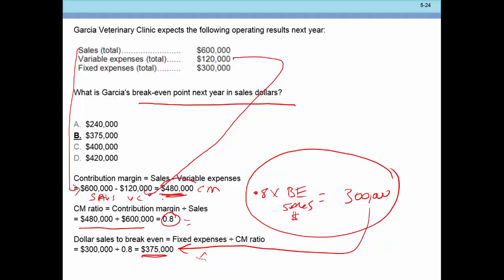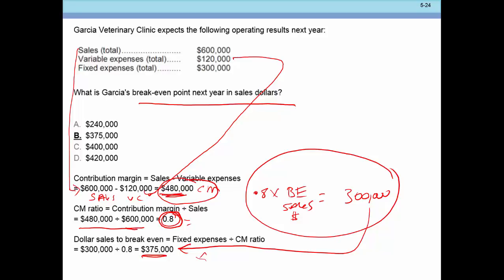So I know my contribution margin is 480, right? Sales price minus variable cost. I divide that by my sales price. That gives me my contribution margin ratio, doesn't it? You say, well, why didn't you do it on a per unit basis? Because they didn't give me the units. That was their whole point. They wanted to force me into the contribution margin ratio by not telling me the units here, right?